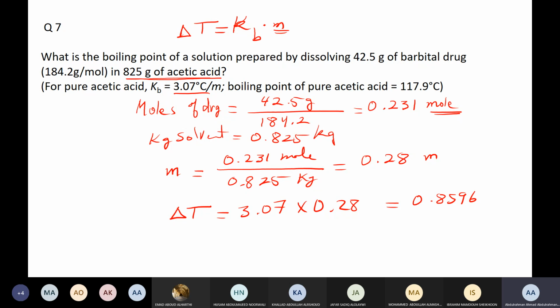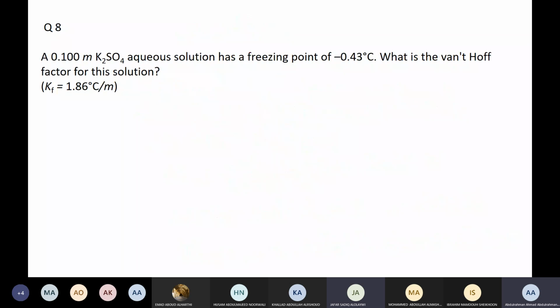Okay, so what will be the boiling temperature of the solution? 117.9, the boiling point of the pure solvent, plus 0.8596, which is equal to what? 118.7596. 75 or 76. Is this acceptable? Good. Yes. I hope it's easy.